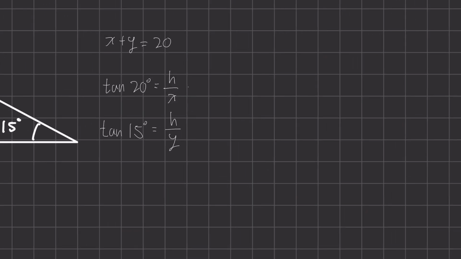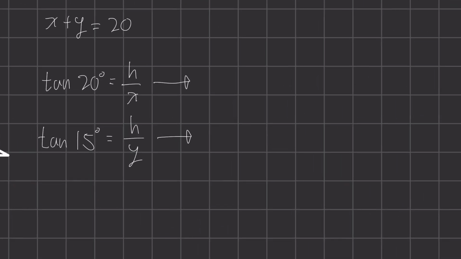Now, for both of these equations, we solve for each x and y. So for the first one, we get x is equal to h over tangent 20 degrees. And for this one, we get that y is equal to h over tangent 15 degrees.